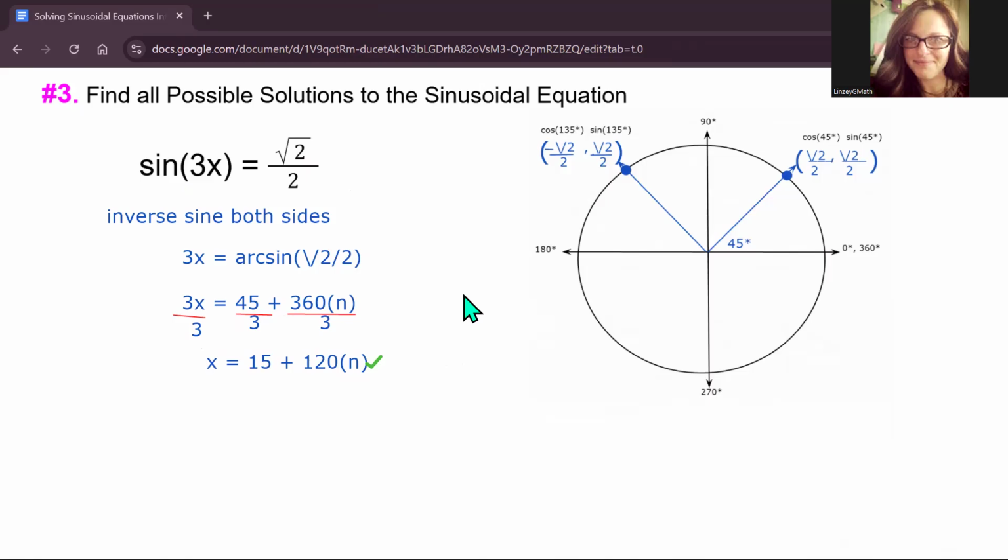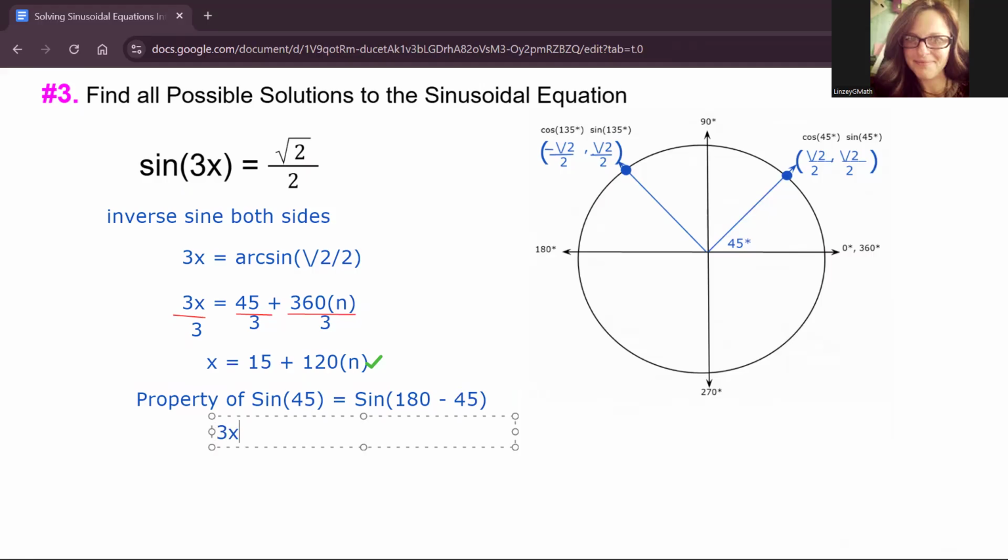Now we need to use our property of sine. We got 45 degrees for the principal angle when we solved. So we'll do sine of 45 degrees. Use our property of sine. Sine of an angle, 45 degrees, is equal to sine of 180 minus 45 degrees. 180 minus 45 degrees, we get 135 degrees.